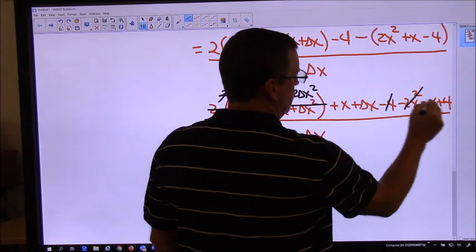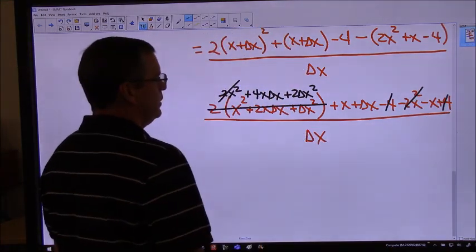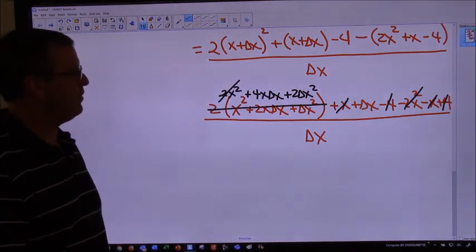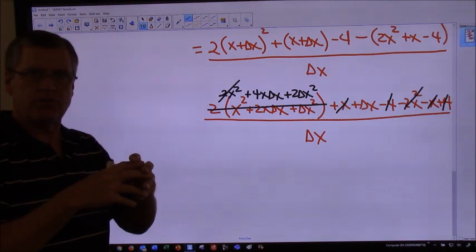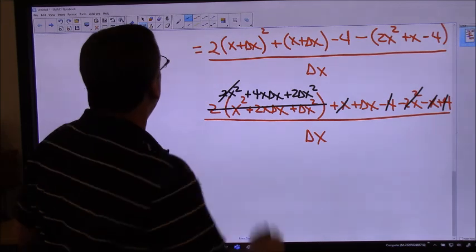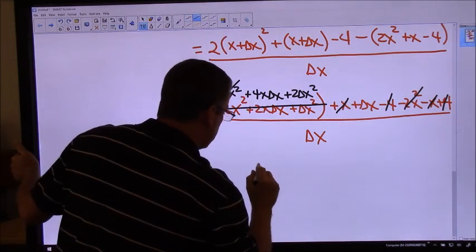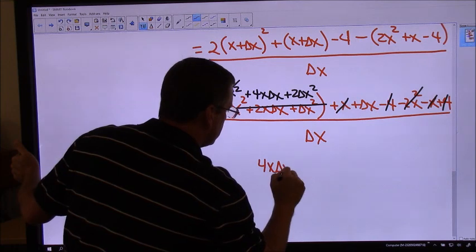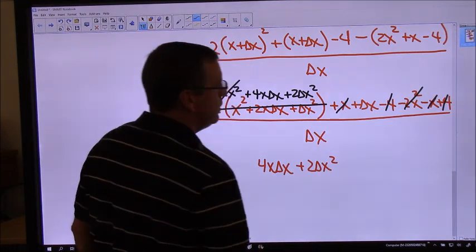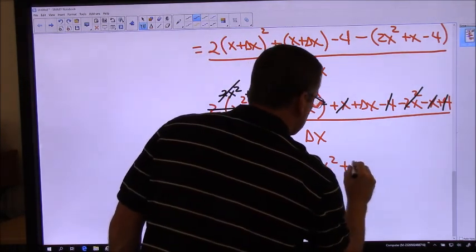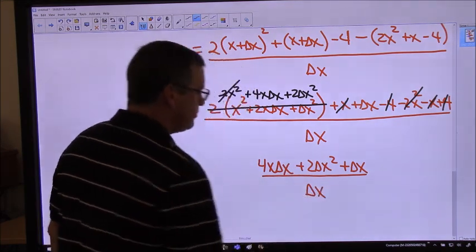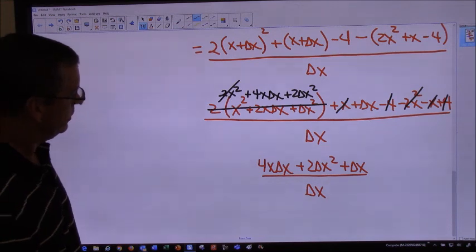I see a negative 4 and a positive 4. And here I see a positive x and a negative x. So I was able to cancel out quite a few things. Right? Opposites add up to 0, and 0 plus anything is the same thing. So what I'm left with is 4x delta x plus 2 delta x squared plus delta x. Still dividing by delta x. Well, that got a little bit neater.